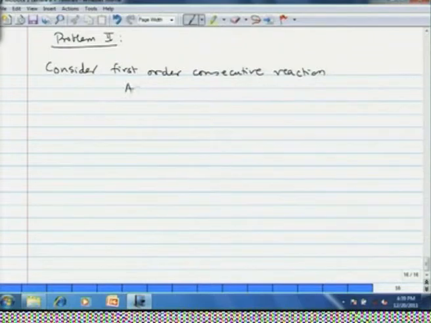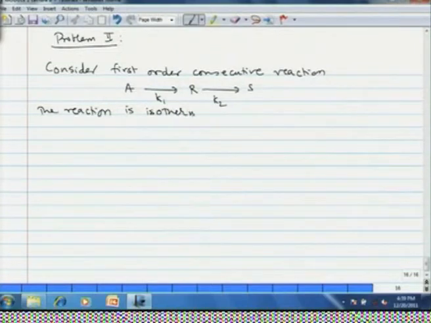A goes to R goes to S with rate constants K1 and K2. The reaction is isothermal. R is the desired product and S is the waste product.